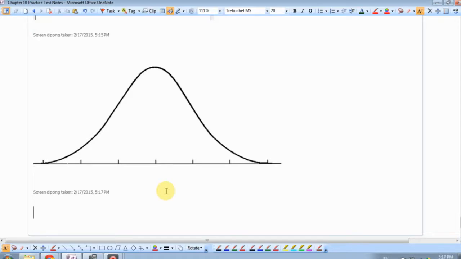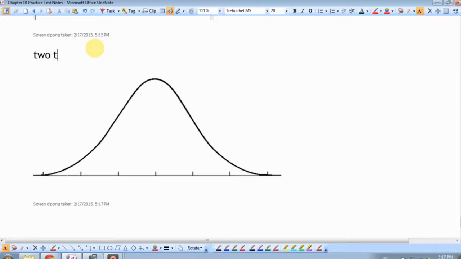Okay, our rejection region is 5% in both tails. Note, two-tailed test. Therefore, the tails add up to alpha.